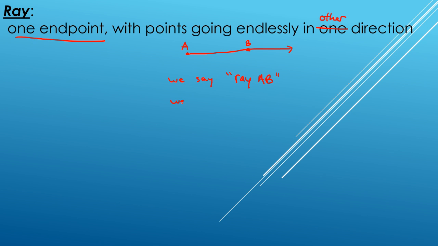And we write for its symbol the AB again. And this time you're going to put a little ray on top. So it'll have one endpoint and then an arrow. And you will see these symbols used in Edmentum to signify a ray, a segment, or a line. So it's important to know the difference with the little symbol on top of the letters.